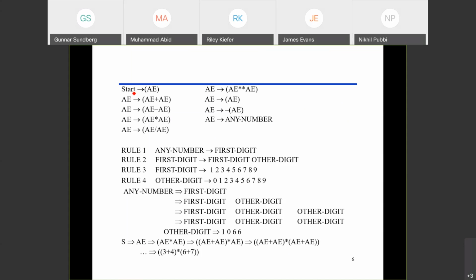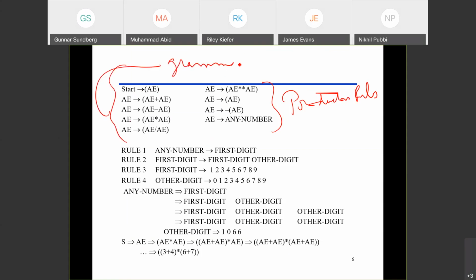So we start from here. We have this production rule, and all these are production rules now. And we can say that this whole thing is a grammar.